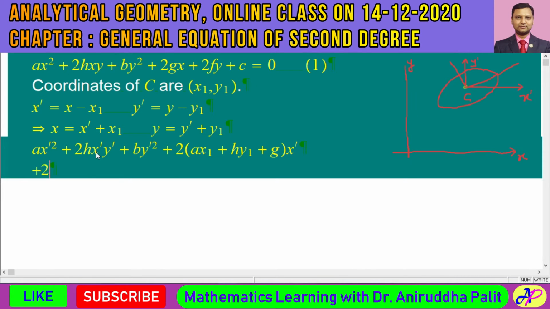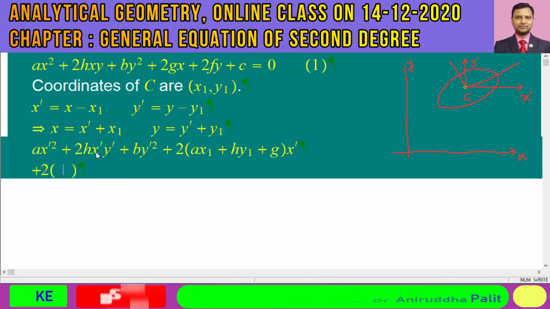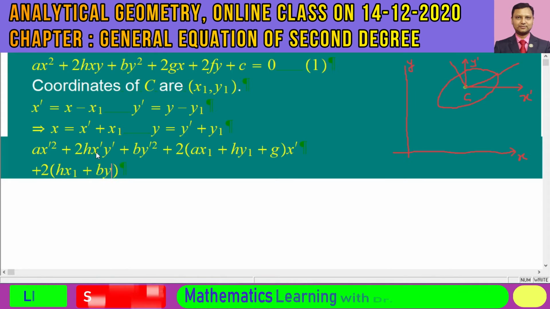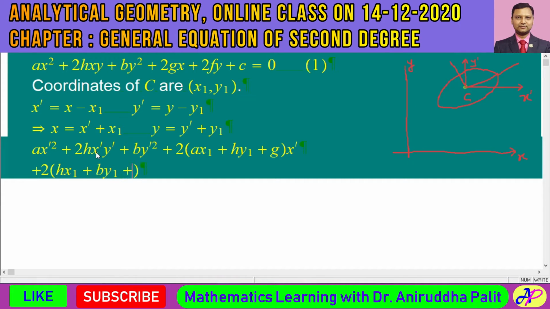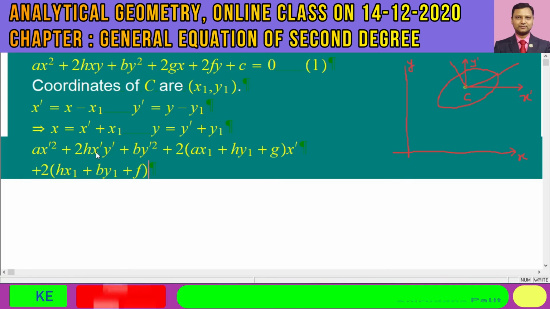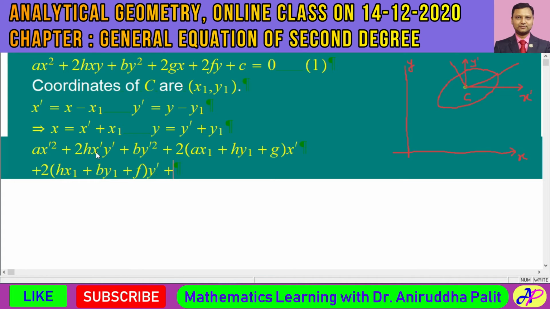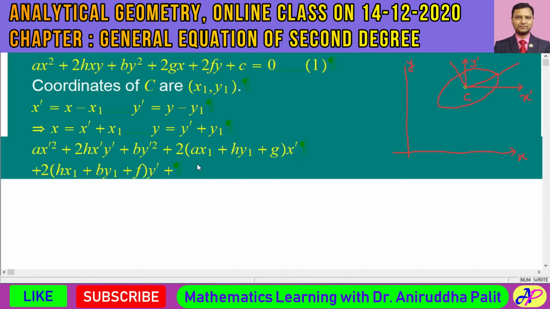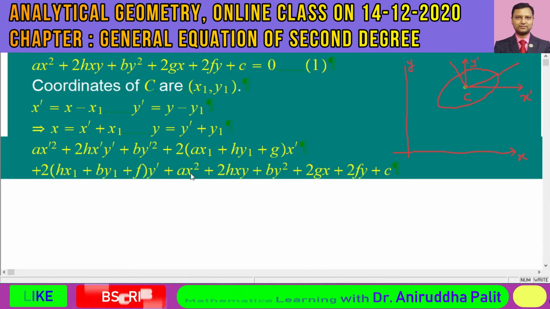Plus 2 into h x1 plus b y1 plus f into y prime, and the last term would be the constant term, which is this kind of expression with x and y replaced by x1 and y1.